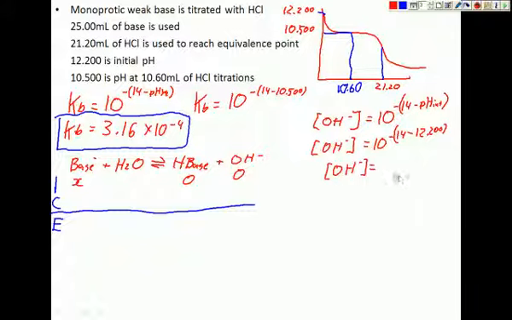OH equals, and I calculated this already, 10 to the minus 1.8, and so therefore this is going to be 0.01585.